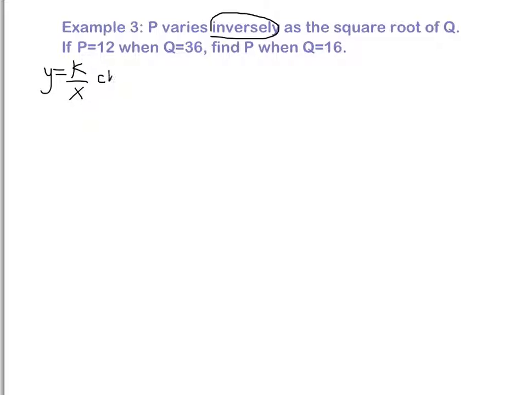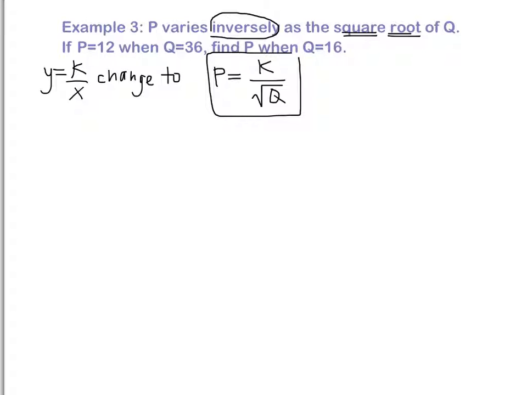So we need to change that. And also, this time it says it varies inversely as the square root of q. So we need to handle that as well. So it says p varies inversely, so it's going to be k over q. But it's not just inversely to q, it's inversely to the square root of q. So this is the equation that we're going to work with.